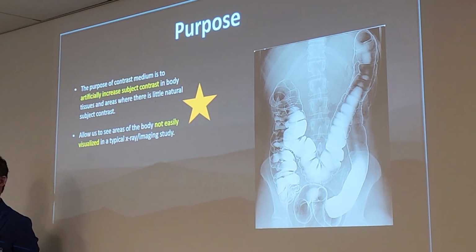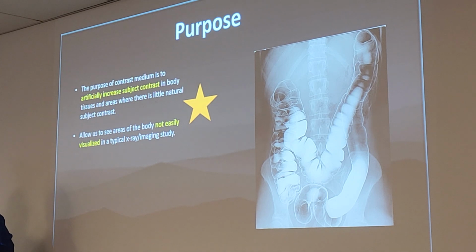What kind of contrast study is that specifically? Double contrast. How do you know? We see white and black. Black is air, which is radiolucent, and that's negative contrast. The barium is white, and it's positive. Very good.